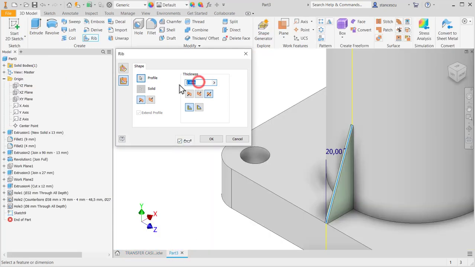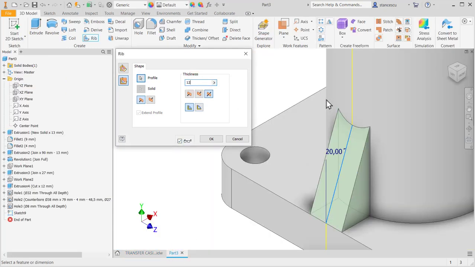When I write here 12, you will see that this is around the cylinder. If we had extruded this triangle, we would find a gap there. No good.